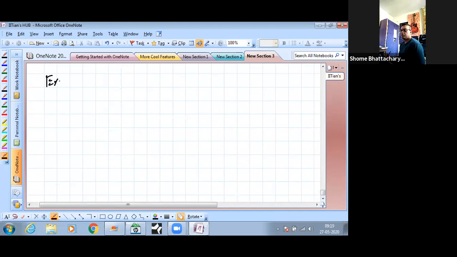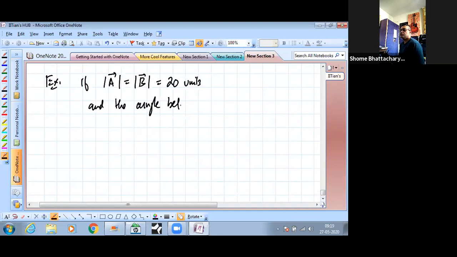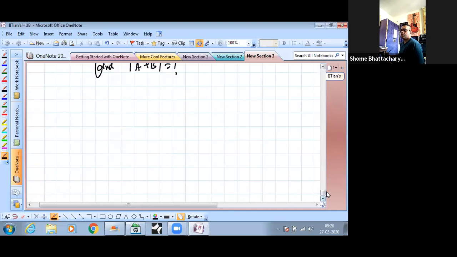So for example, if mod A is equal to mod B is equal to 20 units, okay, and the angle between A and B, theta, is equal to 60 degrees, then find the magnitude of A plus B. Okay, so let us understand this directly by formula now.